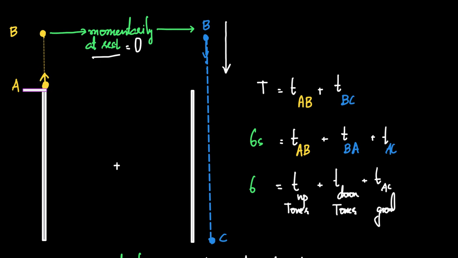It is the time taken from A to B and then from B to C. So this time of 6 seconds is equal to the time of AB plus the time of BC, which is from A to C. Maybe time to reach the top position, time to reach the down position, which I mean is the position of launch, and then time to reach AC, which is the ground.